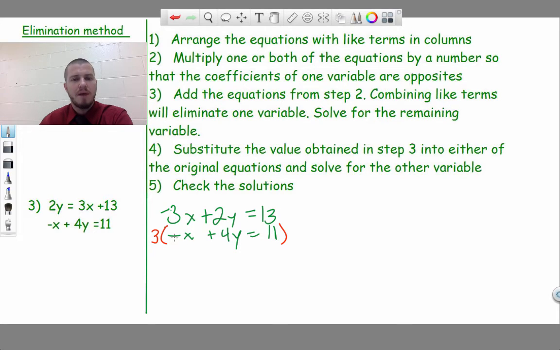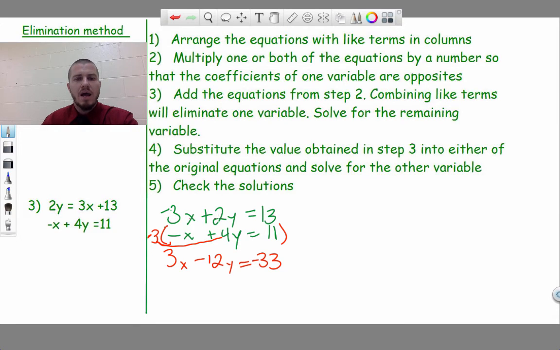Now, if I multiply it by 3, that's going to be negative 3x. This is negative 3x. They're not going to cancel out unless one's positive and one's negative. So I'm going to actually multiply this by negative 3. And that's going to make positive 3x. I got to multiply it all the way through the equation. This becomes negative 12y and is equal to negative 33.